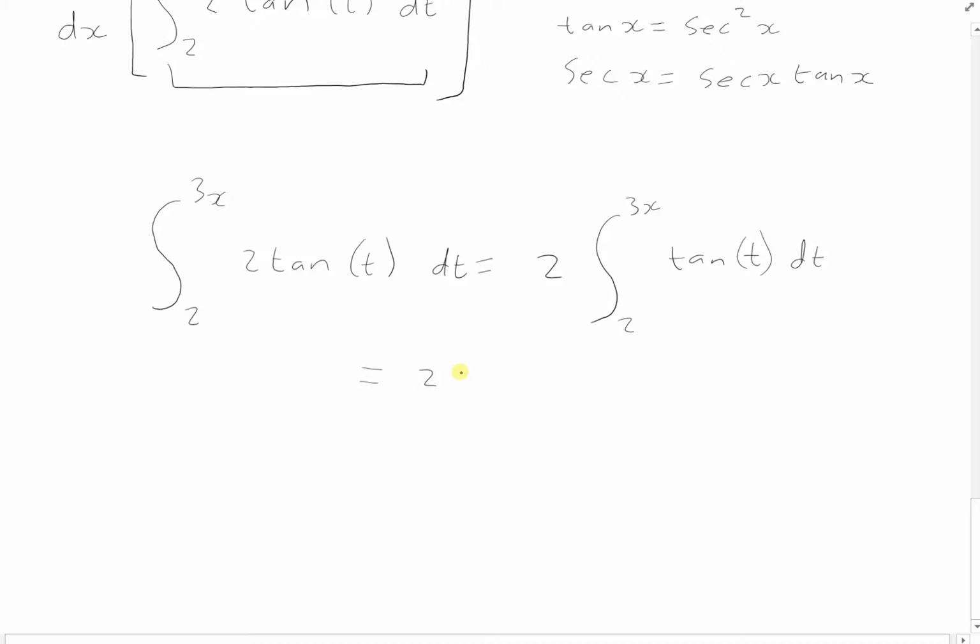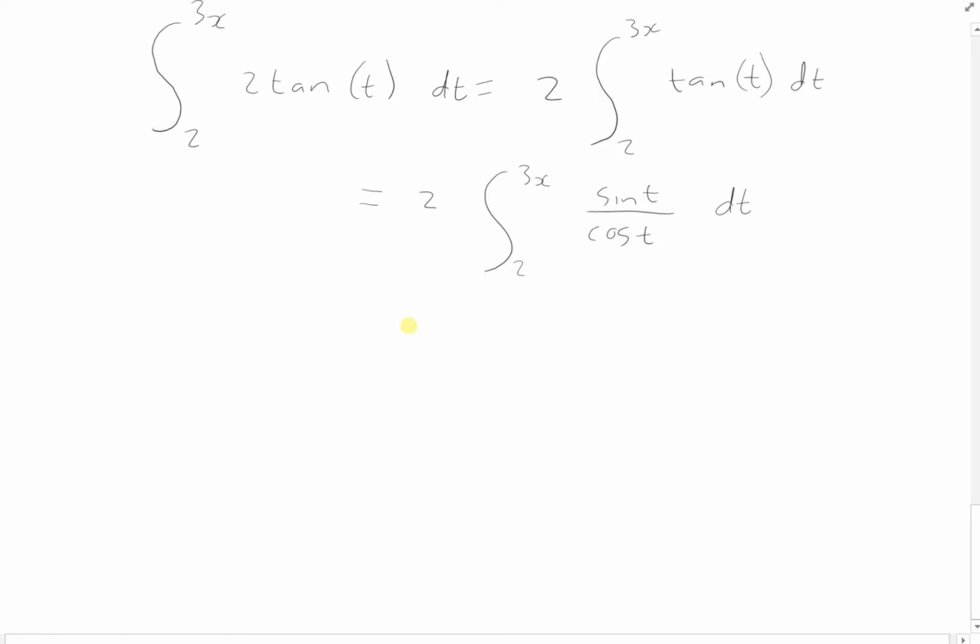I've still got the 2 out there, from 2 to 3x, and I'm going to write it as sine of t over cosine of t dt. Many people may ask why I'm writing it this way. It's because I'm trying to break it down so that I can use u substitution. Sine of t over cosine of t is the same thing as tan t, just written in a different way.